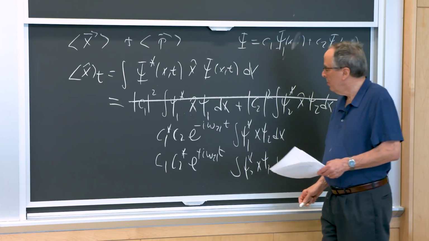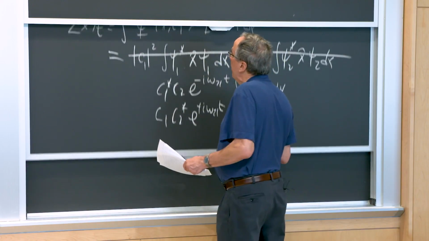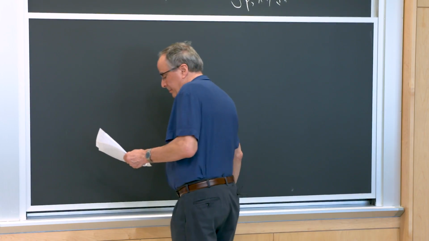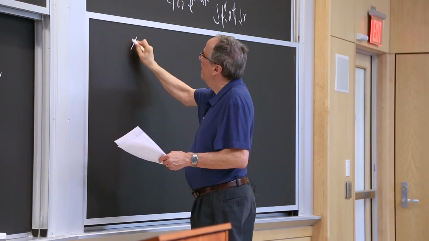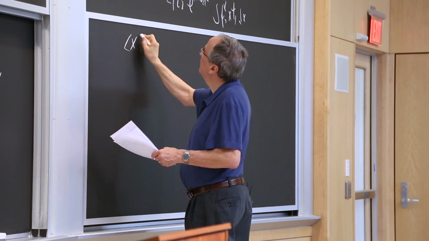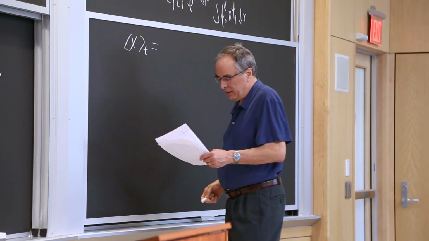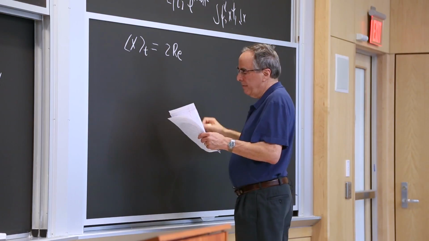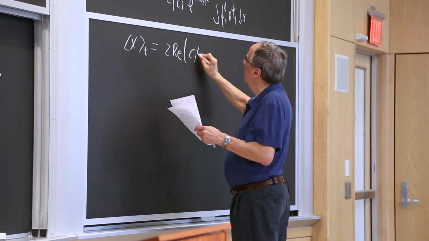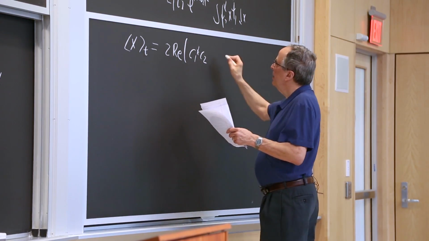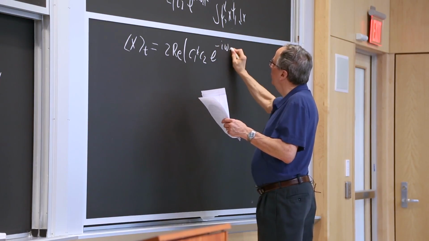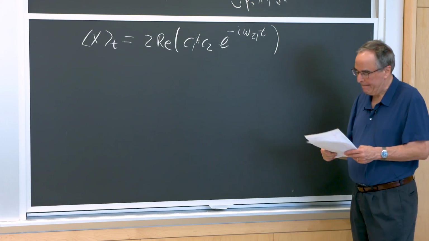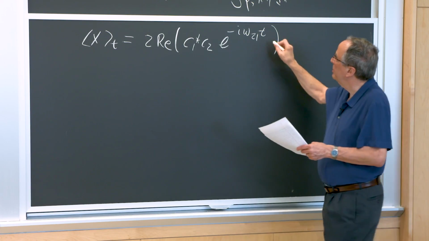And so what we have is x of t is equal to twice the real part of C1 star C2 e to the minus i omega 2 1 t times x12.